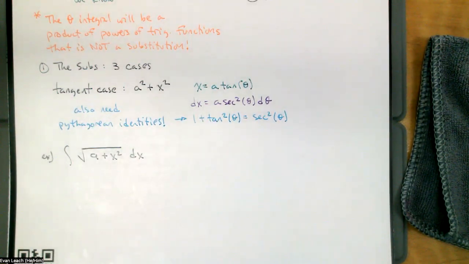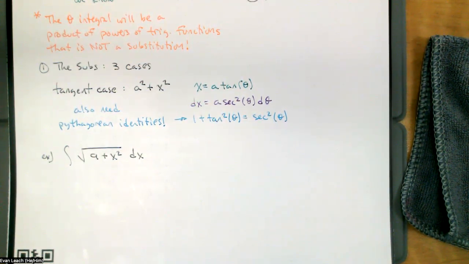We have an integral of square root of 9 plus x squared. We see that quadratic part, the 9 plus x squared, and we identify it as a tangent case. If the x squared is positive and the a squared is also positive, it's a tangent case. We can't just integrate this as it stands because of the stupid square roots.